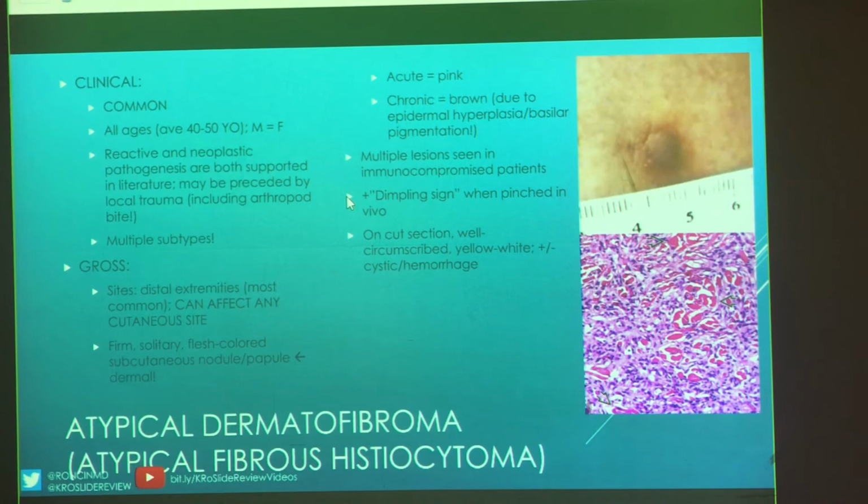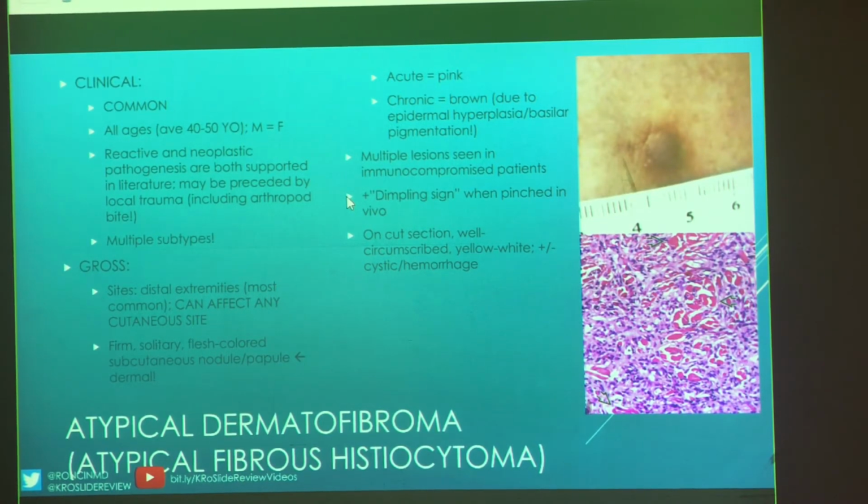There's many, many subtypes, so again, not something that we can really cover in the scope of this lecture, but this is very characteristic for dermatofibroma. Distal extremities are the most common site, but it can affect any cutaneous site, so anywhere on the body covered in skin, you can get dermatofibroma.